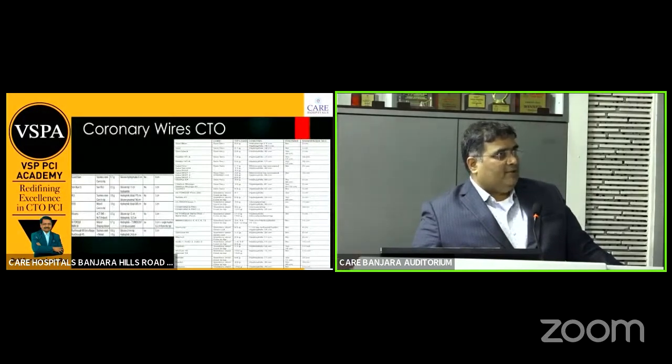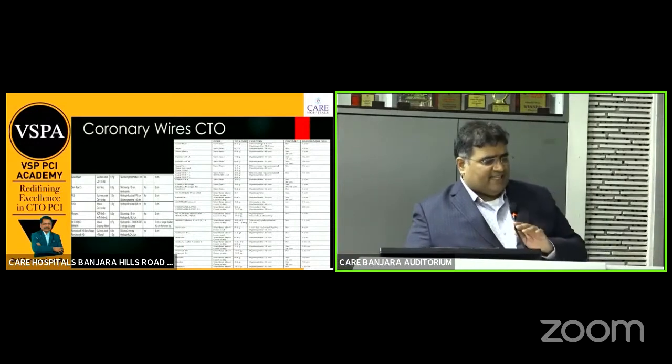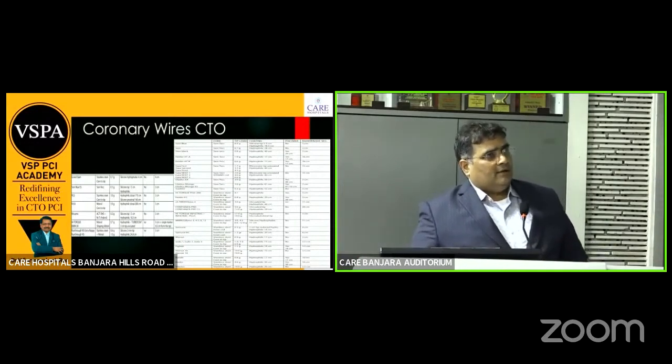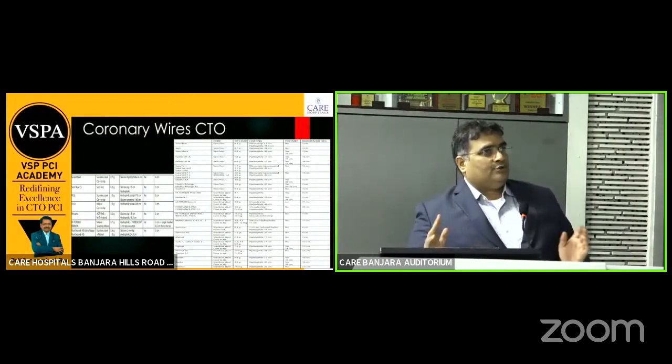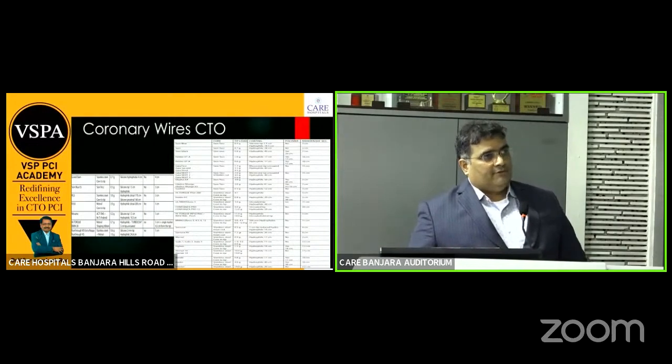So the coronary wires are many. You can see almost 20-30 coronary wires are there. It is important for us to understand and follow a particular group of coronary guide wires, so it is easy. It doesn't mean that Asahi is superior or Abbott is superior. It is better to choose one company's set of coronary guide wires and follow them.